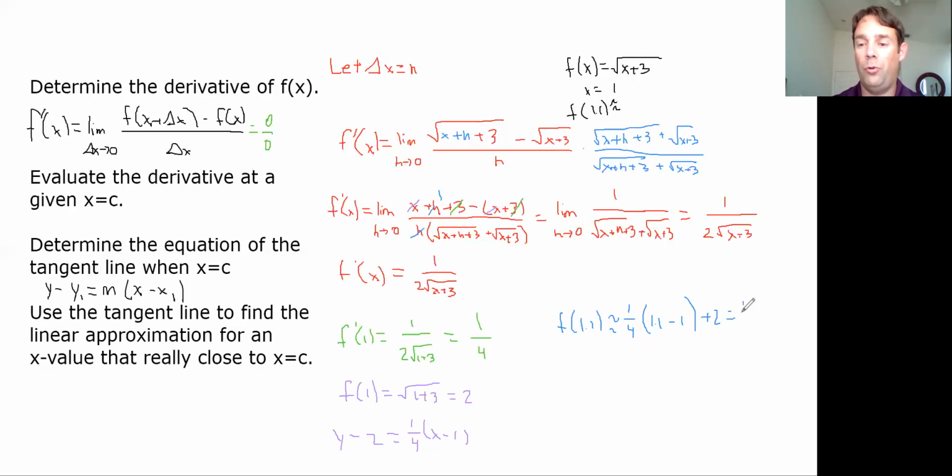So I have 1/40. Let me show that. 1/4 times 1/10 plus 2, which would be 2 and 1/40. I get a number really close to the actual value when x is 1.1.